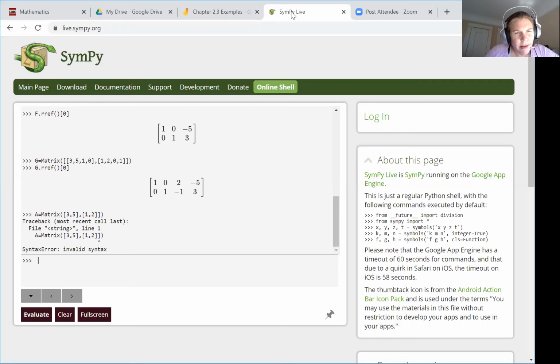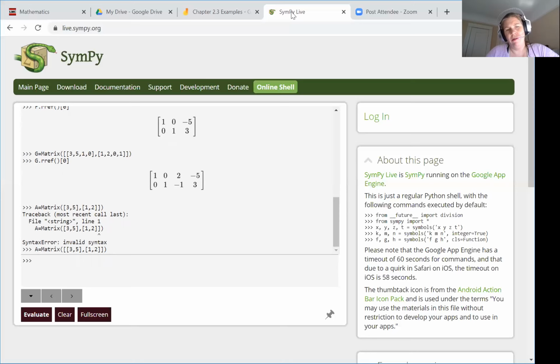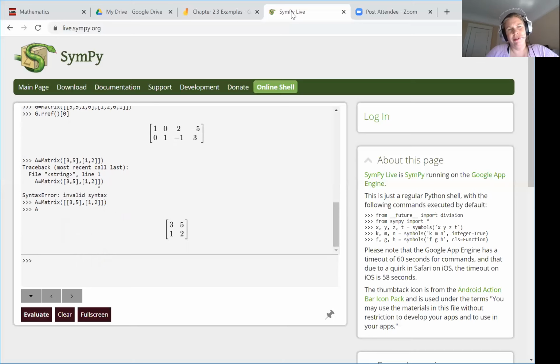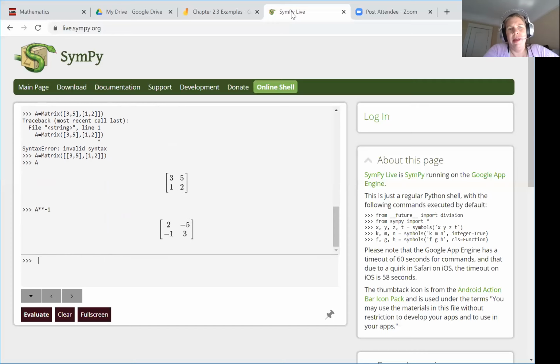Oh, I left a bracket out there. So if you ever make a typo or a bracket left out, like I did, just arrow up and correct your entry. And we can verify, okay, here's our matrix A, and then we do A, exponent with the double stars, negative 1, and Sympy returns my inverse.